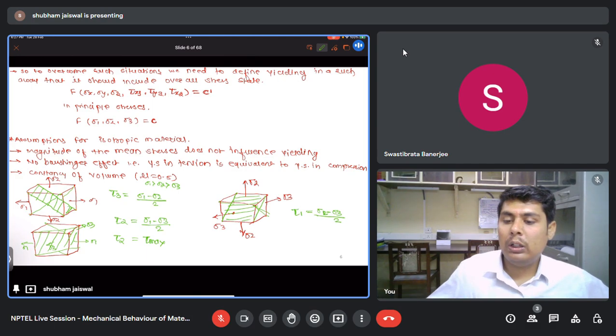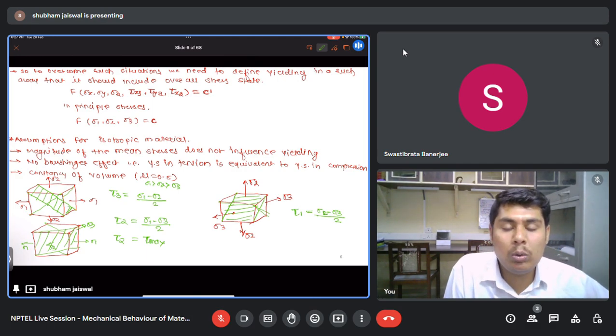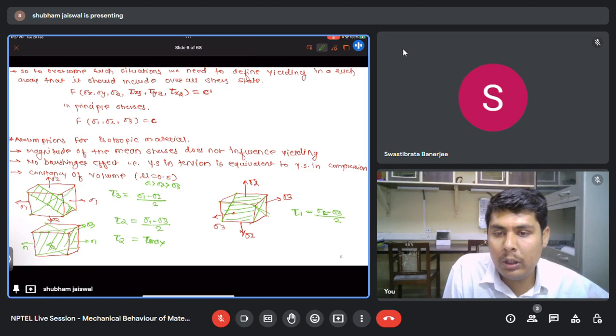So this was about the assumptions for isotropic material and how the principal shear stresses can be represented in the form of principal stresses.